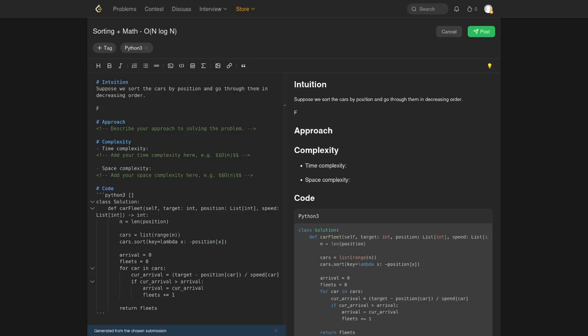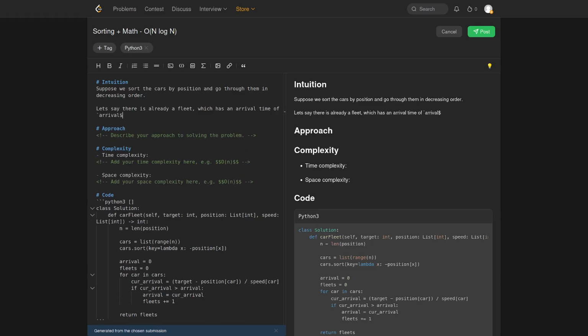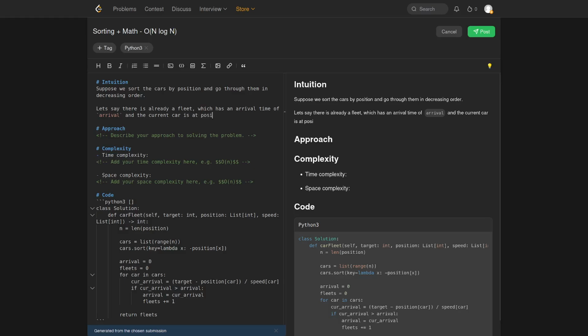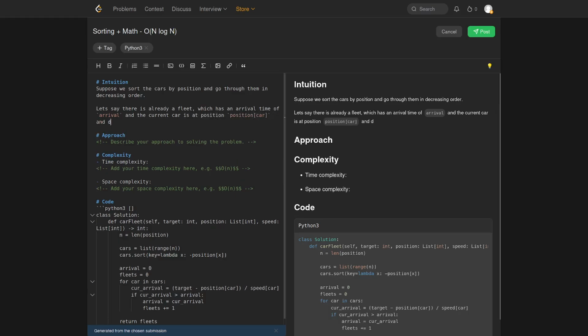First car, let's say there is already a fleet which has an arrival time of arrival. The current car is at position car and has a speed of speed car.